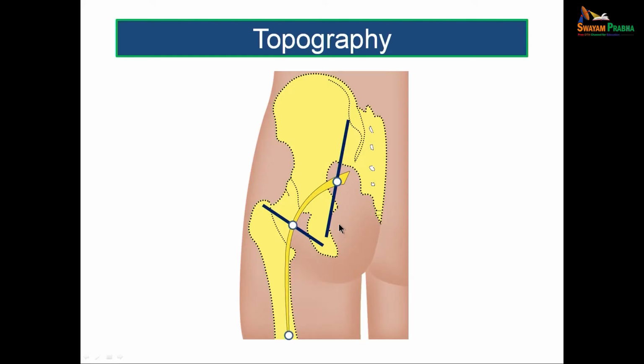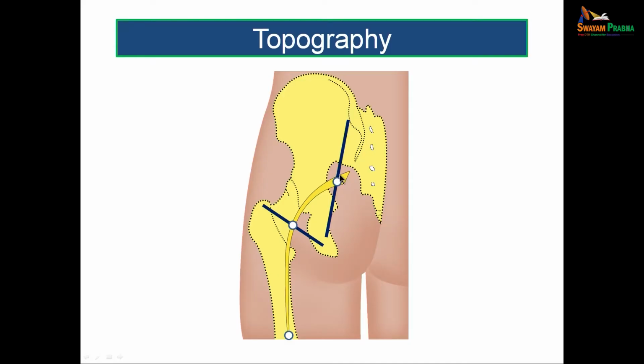Now, let us look at the surface marking of the sciatic nerve. Sciatic nerve can be marked by 3 points. The first point is the midpoint between the posterior superior iliac spine and the ischial tuberosity. So, a line connecting these two, with the midpoint of this line, will be the first point.